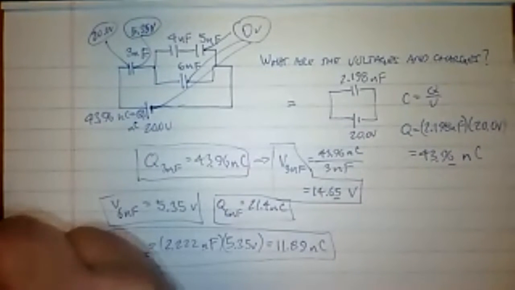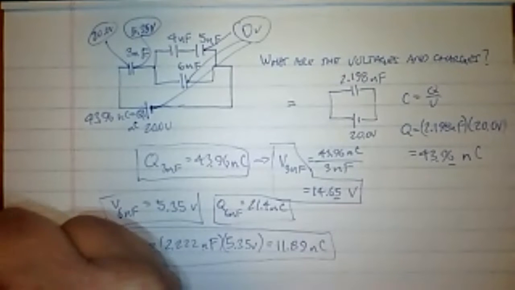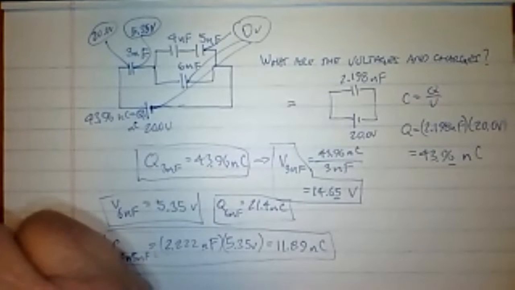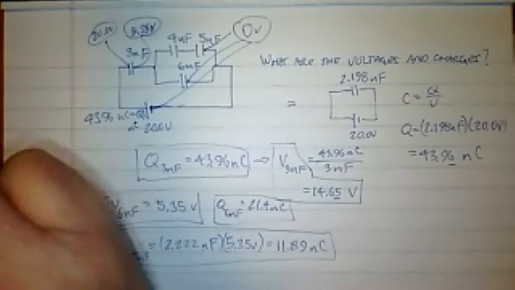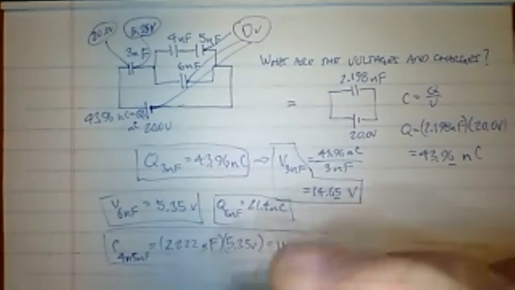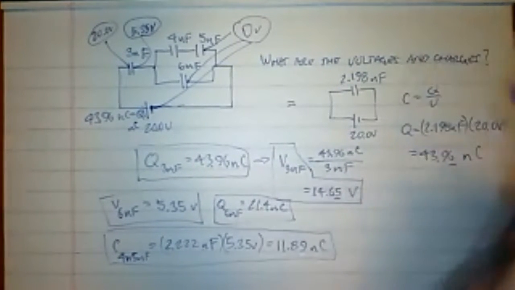What did I get for this? This is 1 divided by 4 plus 0.2, and then I say to the negative 1 power. Make sure I got that right. I did get 2.222 as the equivalent capacitance of that. So that was my capacitance. Ooh.